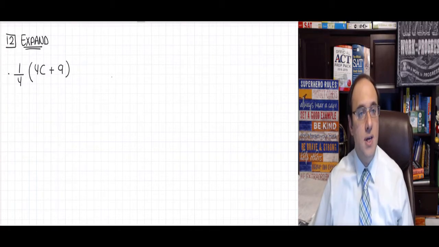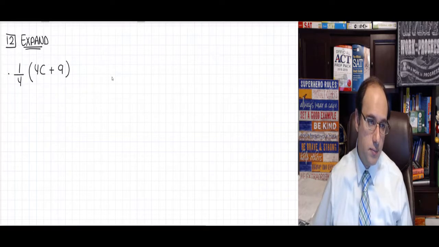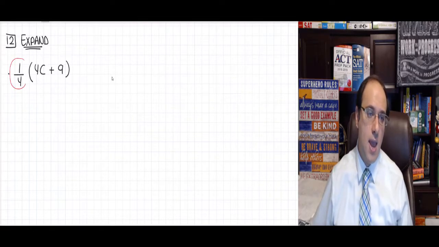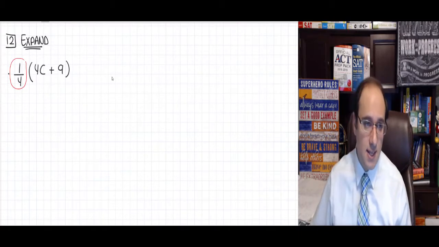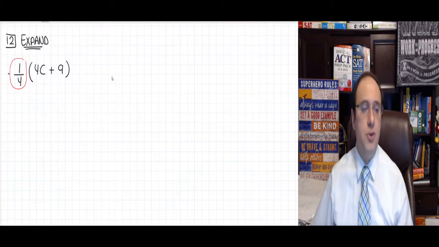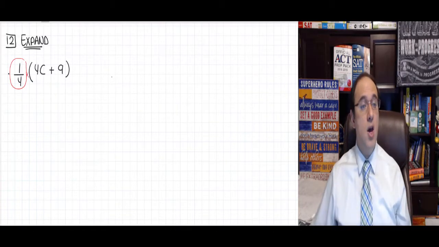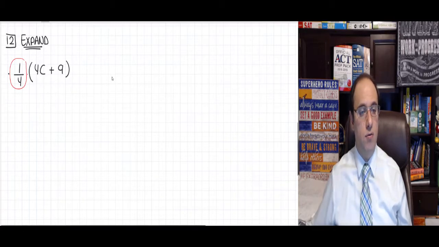We first take this right here and we multiply it, because when you have a number that is right next to the parentheses, it's as if we have a multiplication sign right here. Okay? So we're going to do 1/4 times 4c.